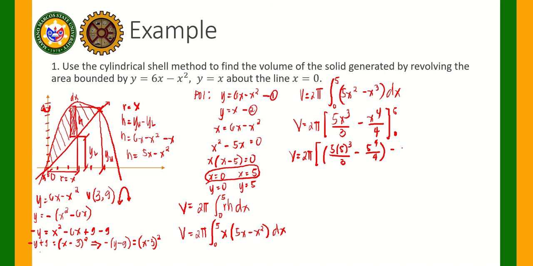So, minus 0 tayo. And our volume is equal to 625 pi all over 6 cubic units. Okay. So that is example number 1 using the cylindrical shell method.